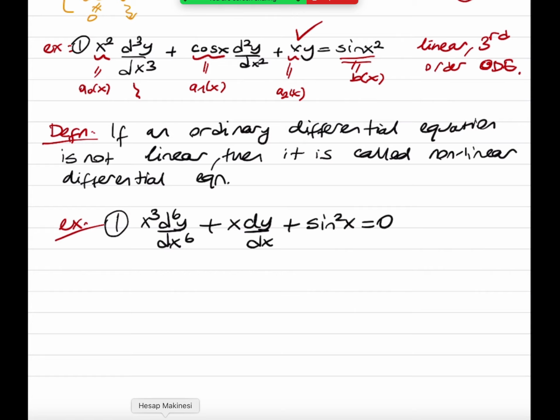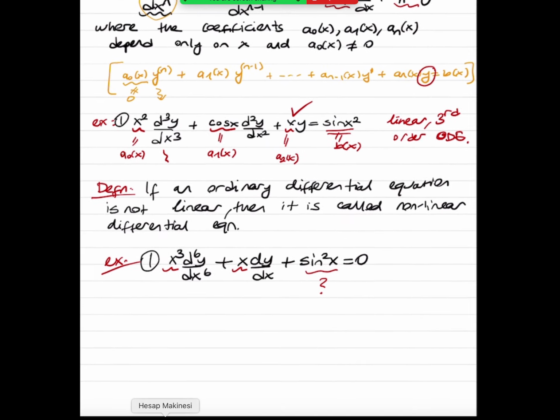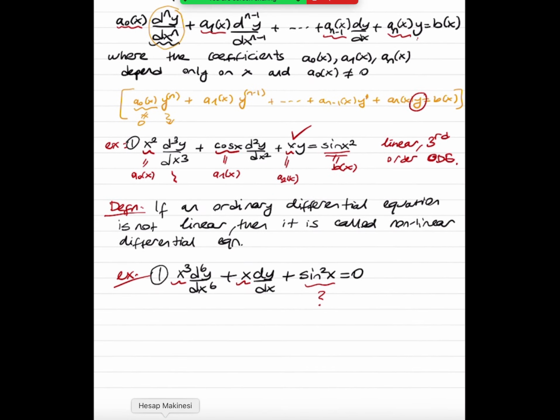Is this linear or non-linear? First we check the coefficients. We said we want a_n(x) y, but there is no y. But look at here, the b(x). We can think of this one as b(x). So this is actually a linear one.